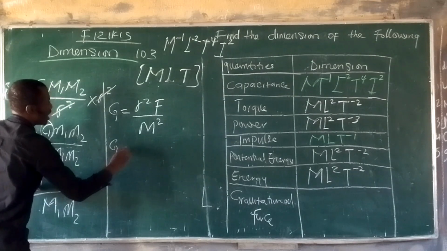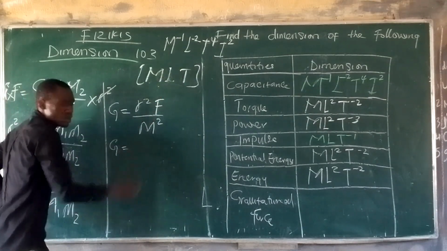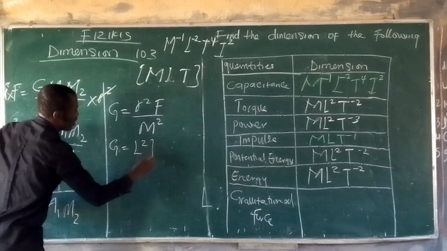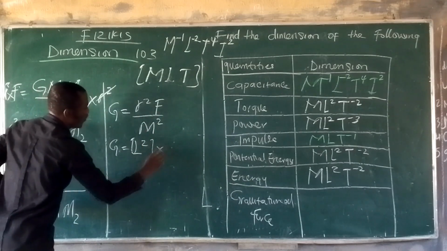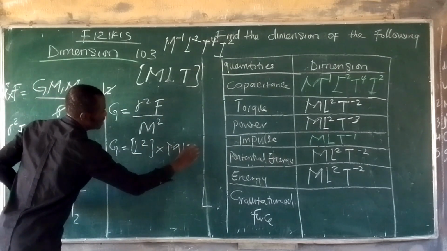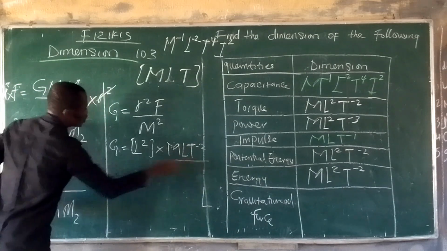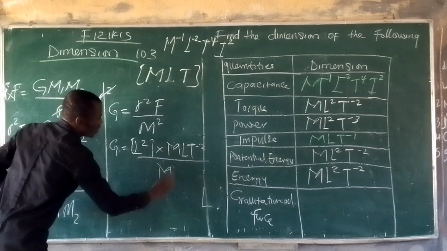Now the radius is equivalent to length, so we have length to the power of 2. The dimension for force is m L t^-2. You should know that by now. We're dividing it by m to the power of 2.